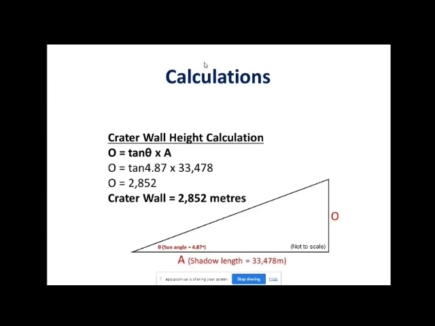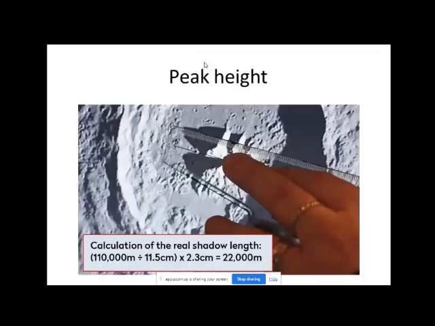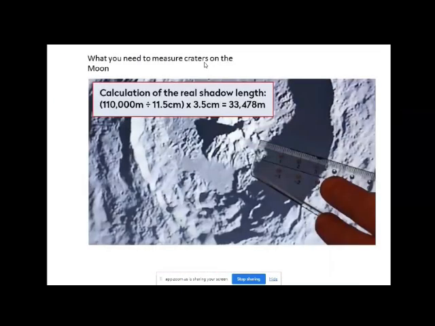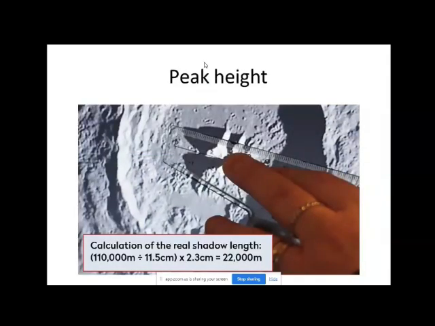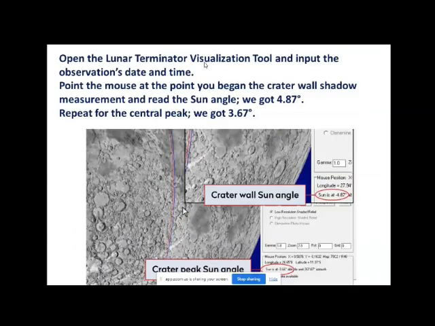This is very simple. For the real shadow length, we can measure the height of the wall, and from the shadow of the peak, we can measure the peak height. Very simple, and obviously you can ask after my session if there is any doubt.